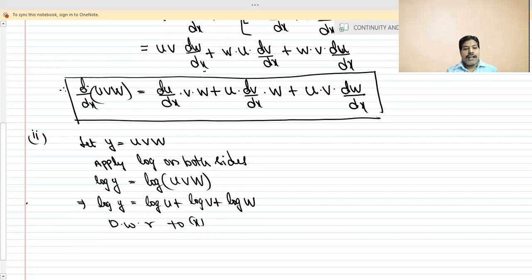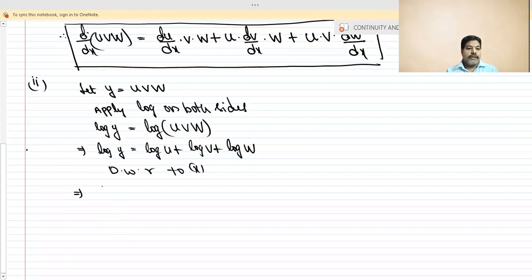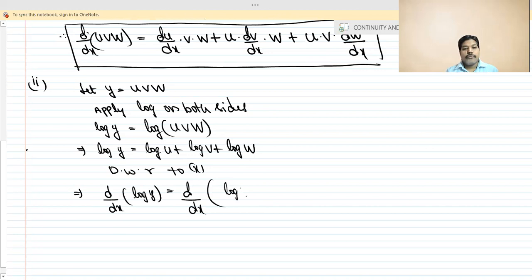Just differentiate with respect to x, students. Differentiate with respect to x, what happens? So the derivative of log y is equal to the derivative of log u plus log v plus log w.